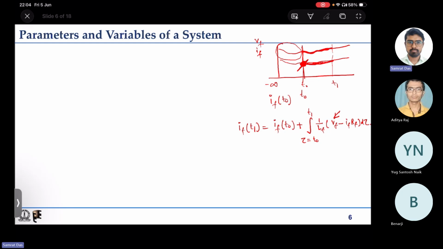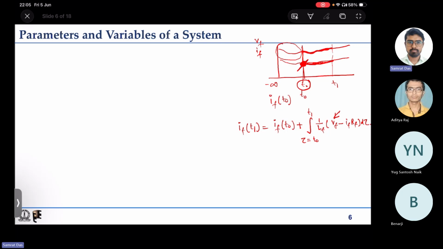So the state of this system is nothing but the output itself, that is the field current. The field current itself is the only state, the minimum single variable whose value, if we know at any instant, and any future inputs, we will be able to predict the future outputs also.